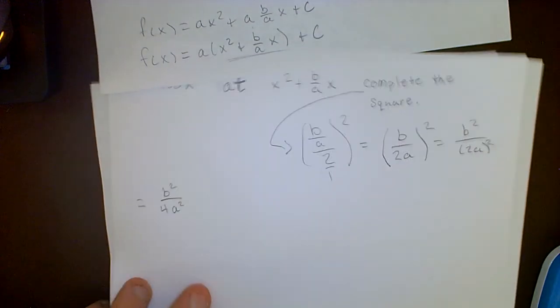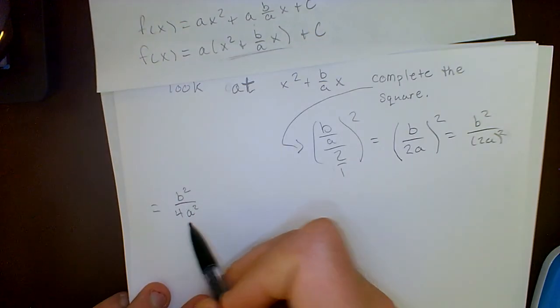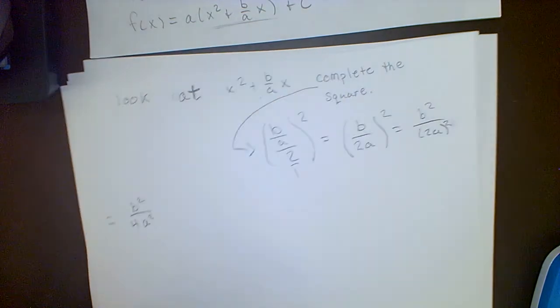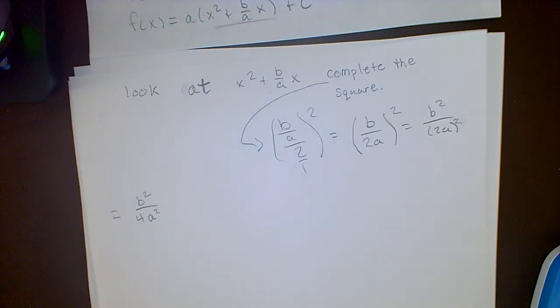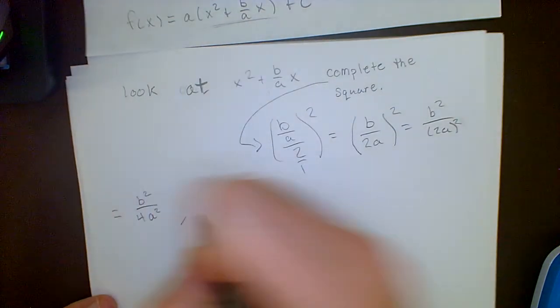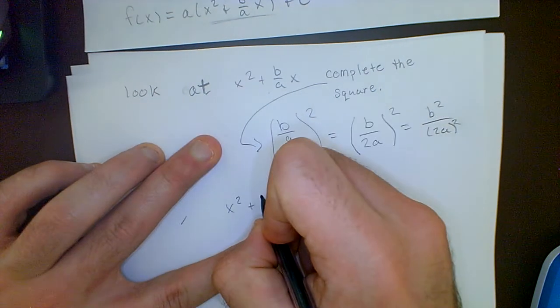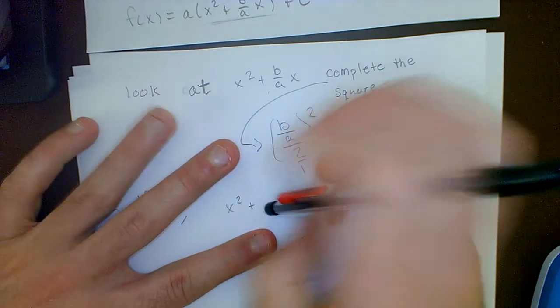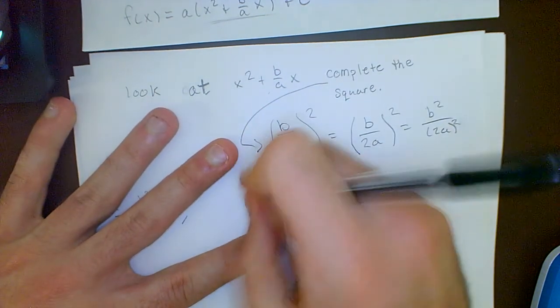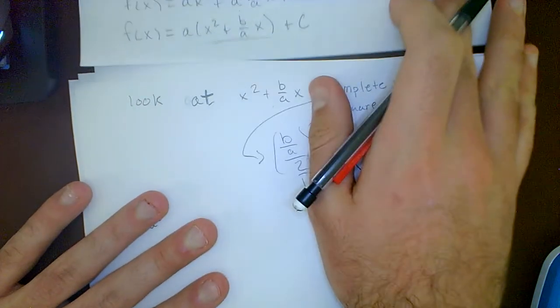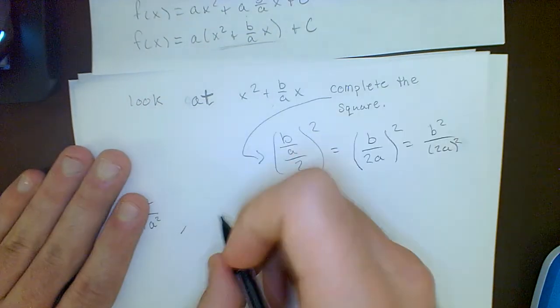Okay, so now we have to add and subtract b squared over 4a squared to our quadratic term here. We were just looking at this term, but we were really trying to complete the square up here.